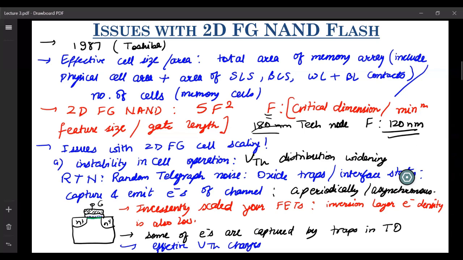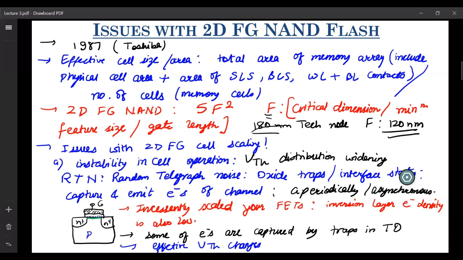It's the gate voltage at which your inversion layer charge density is the same as your background concentration, or the bulk P concentration of the channel. So if some of these electrons are captured by the traps, then the voltage at which your number of electrons becomes equal to the dopant concentration in your underlying substrate will be different. So just because of this RTN, the effective threshold voltage changes.